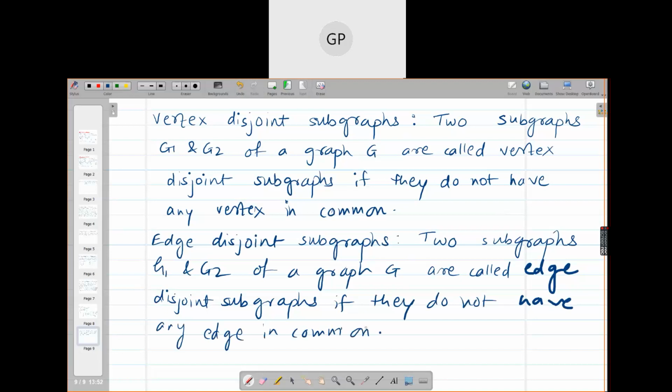Okay? But if they do not have any edge in common, does it mean that they will not have any vertex also in common?